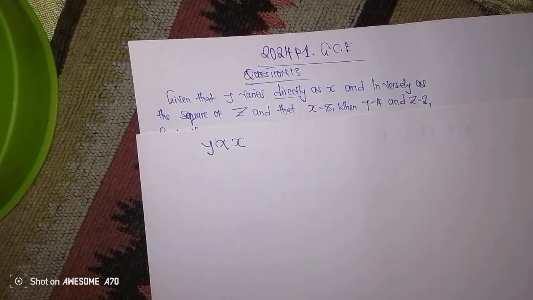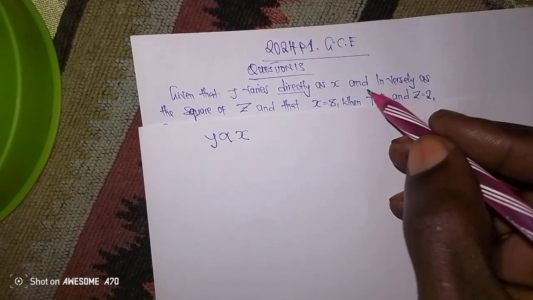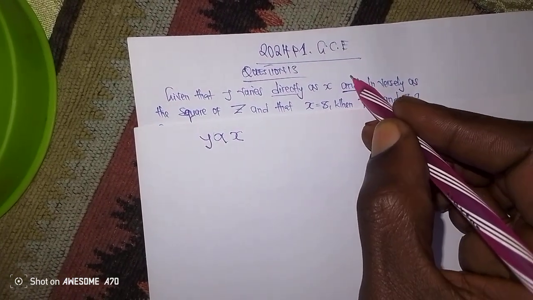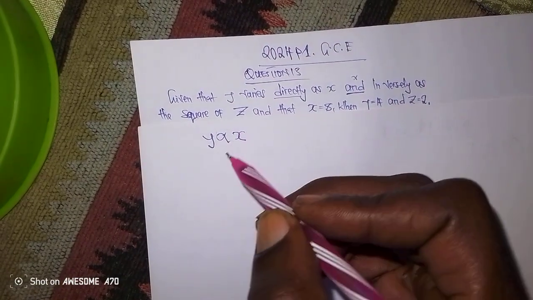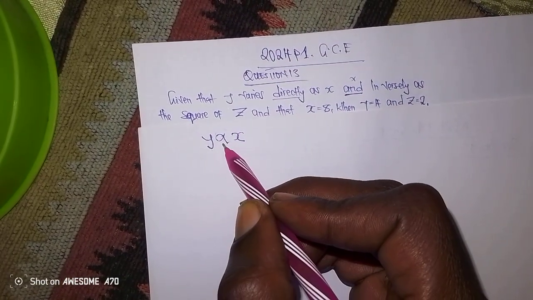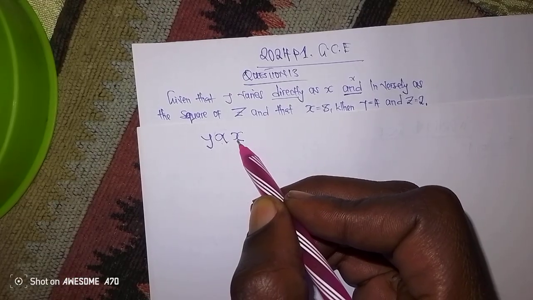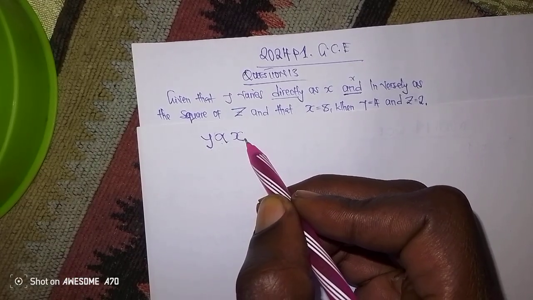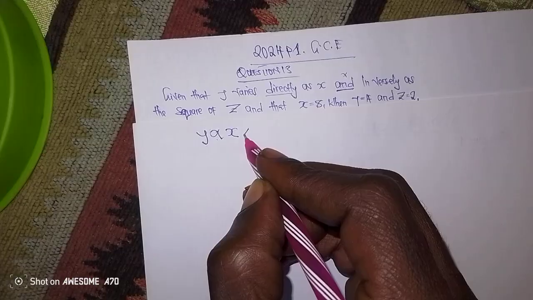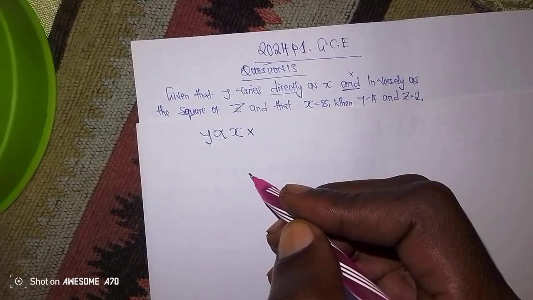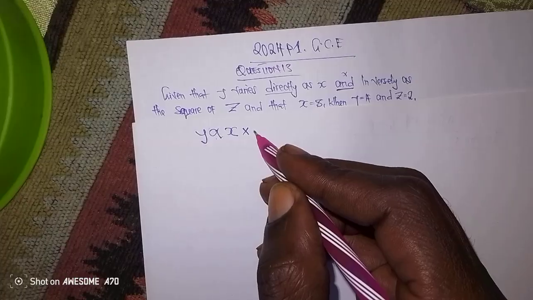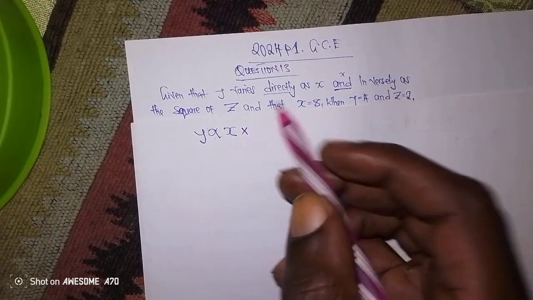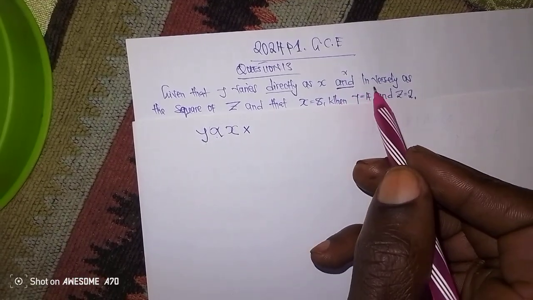In this joint type of variations, the and simply means multiplication. So you're going to say y varies directly as x, and so our and will be a times, a multiplication sign.